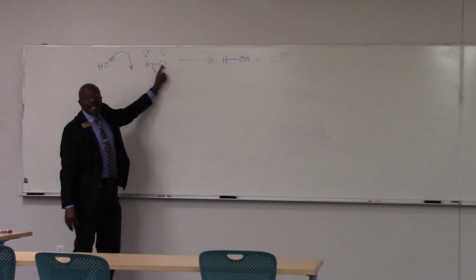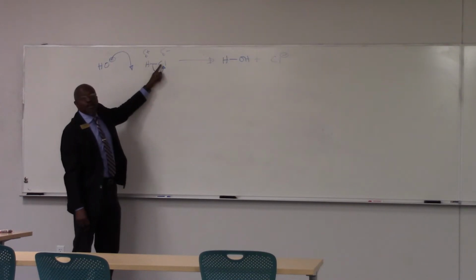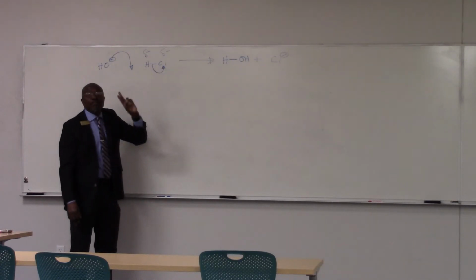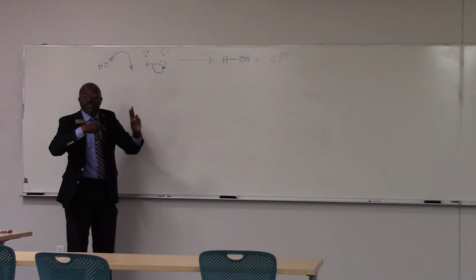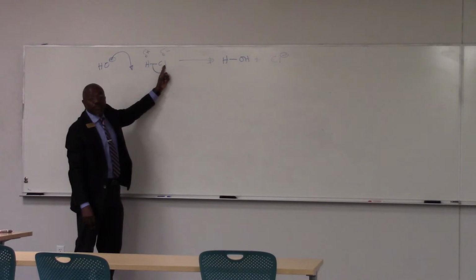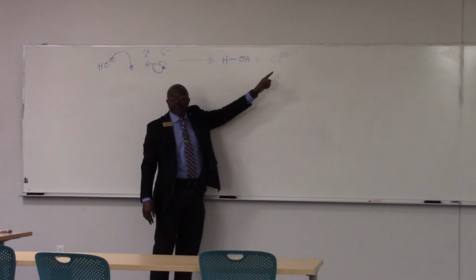This Cl has invested 1 electron in the HCl bond. The other electron is H's. This action gives the Cl both electrons, the one it owns and also H's. So this Cl is getting an electron. Well, if I'm neutral and I gain an electron, I'm going to be negative.